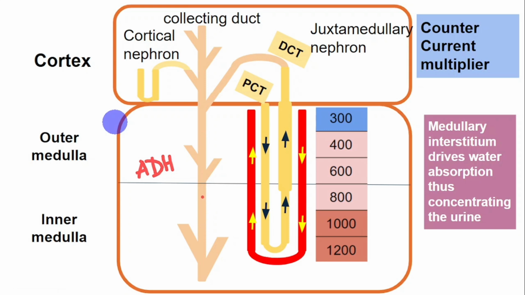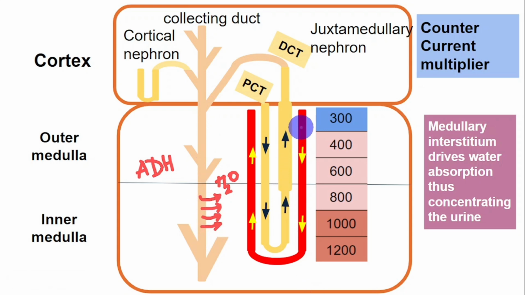So just opening the channels is not enough. You need a driving force, a force that will pull water out from the collecting tubule. That force is provided by this concentration gradient. Water is naturally attracted towards regions of high osmolarity. So the hyperosmotic interstitium ensures absorption of water. So without spending ATP, water is absorbed.